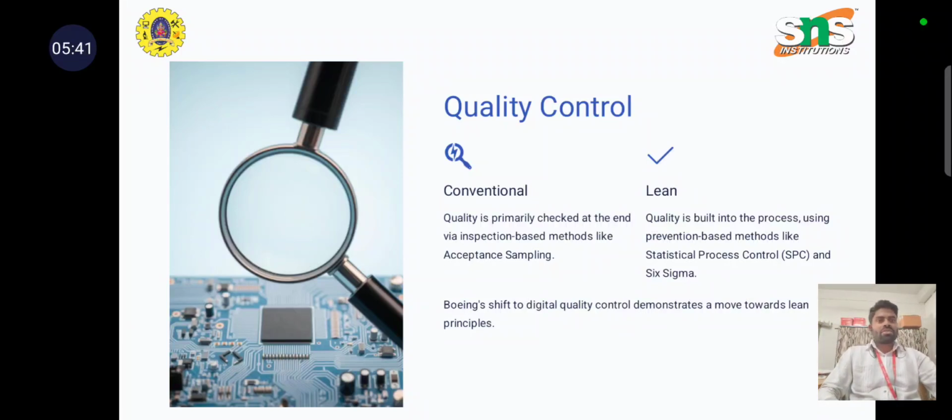By adopting those techniques, we are confident that we can eliminate waste by means of the quality check, and we supply a quality product to the customer. That is why lean manufacturing emphasizes continuous improvement during the process. Thank you.